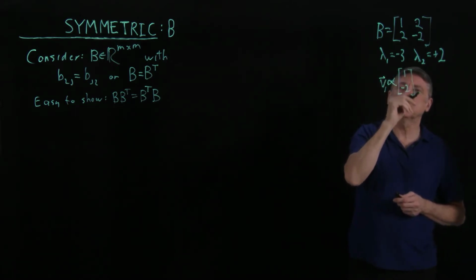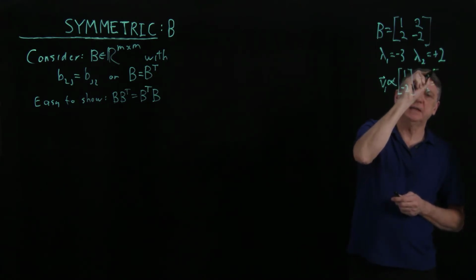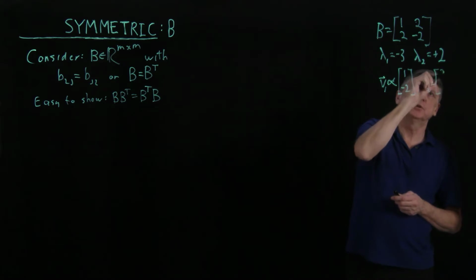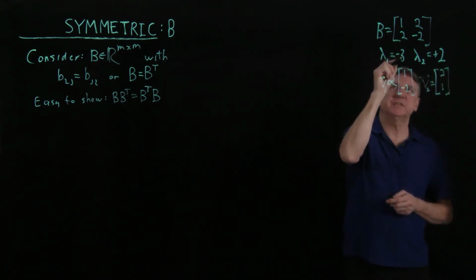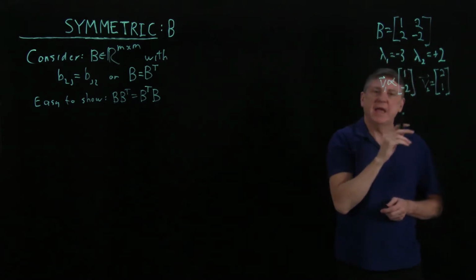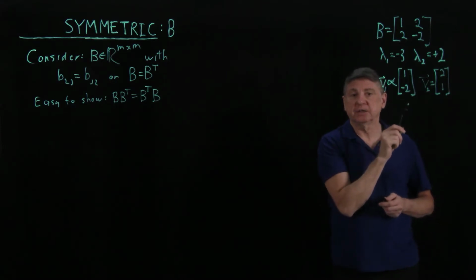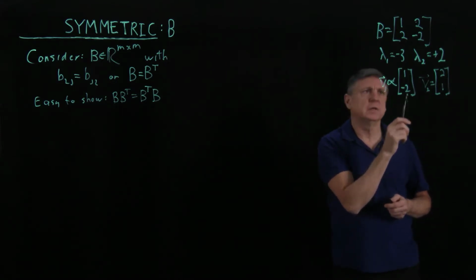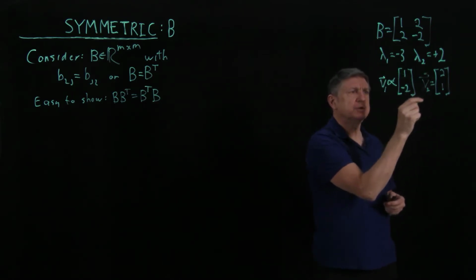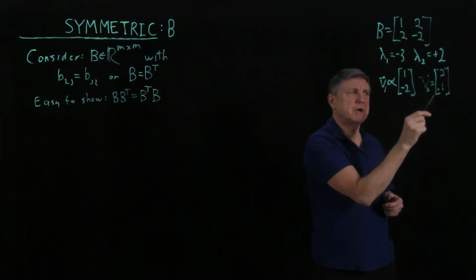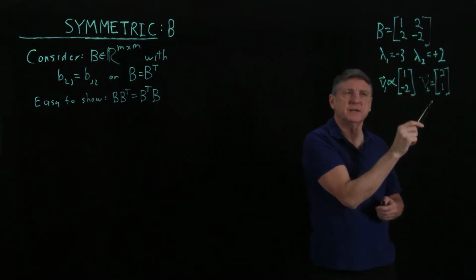And when I do a similar computation for eigenvector 2, what I get is that it is (2, 1). So I have distinct eigenvalues, and here the eigenvectors are not only linearly independent, they're orthogonal, because if I take the dot product, that's 1 times 2 is 2, plus -2 times 1, that's 2 minus 2 is 0. So these are orthogonal vectors.